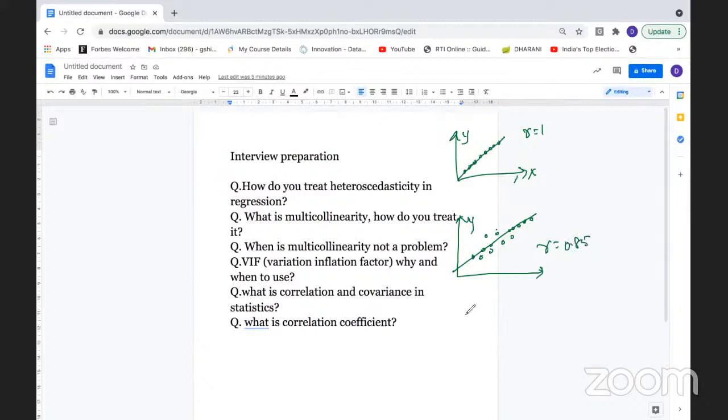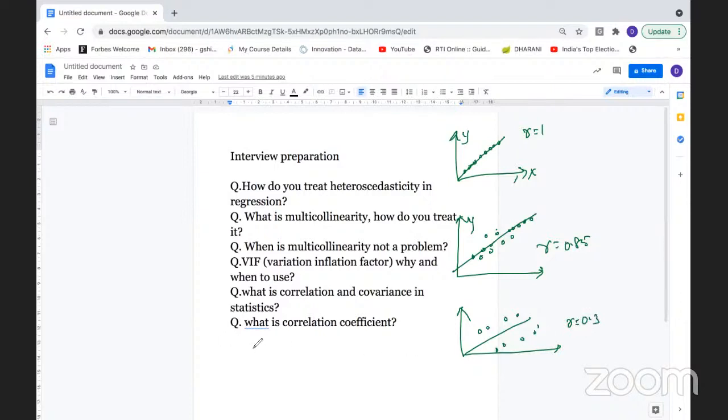What if you have 0.3? This is the worst scenario.